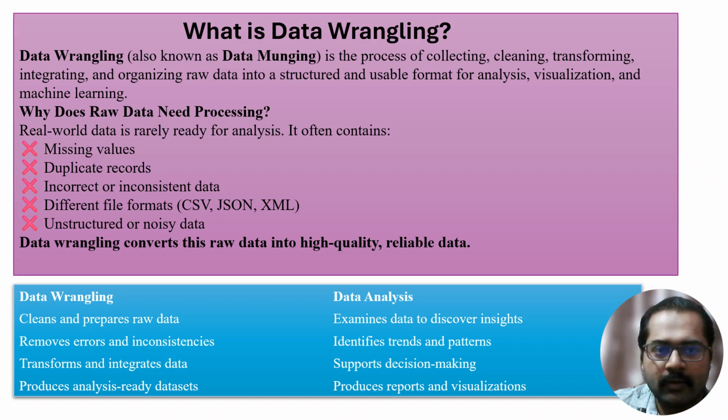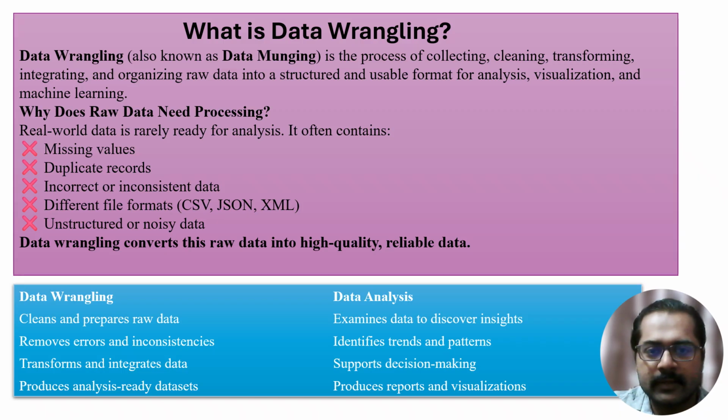So why does raw data need processing? Real world data is rarely ready for analysis. It often contains missing values and duplicate records, incorrect or inconsistent data, different file formats, not in the same format, unstructured or noisy data.